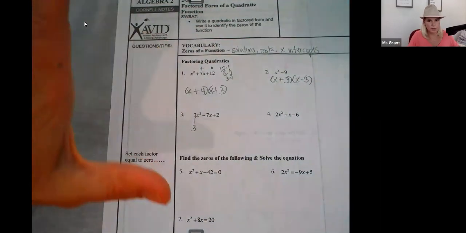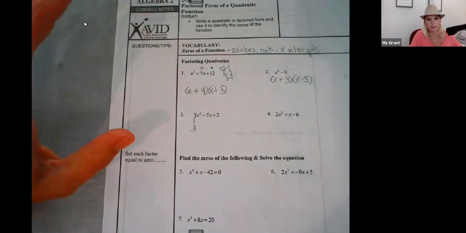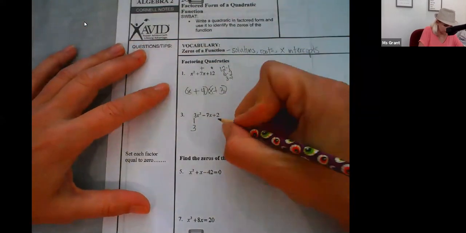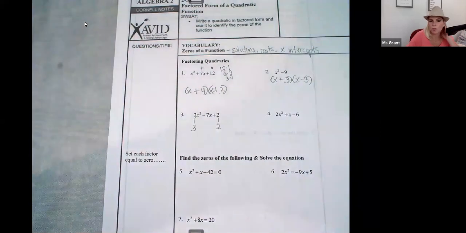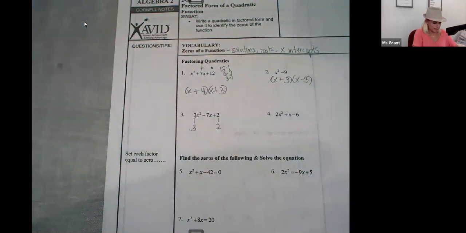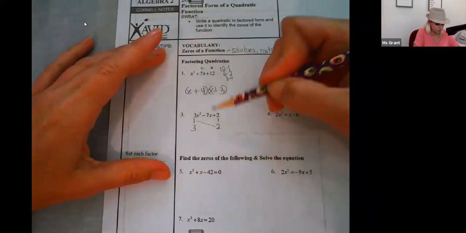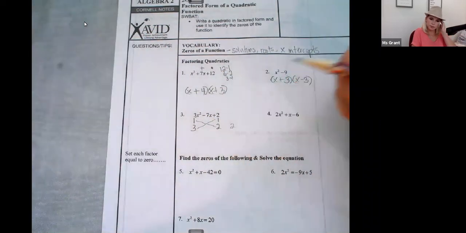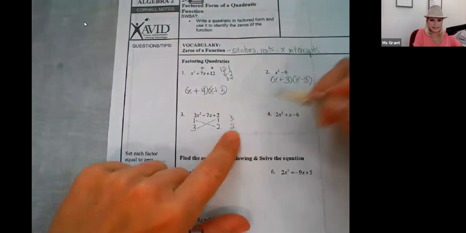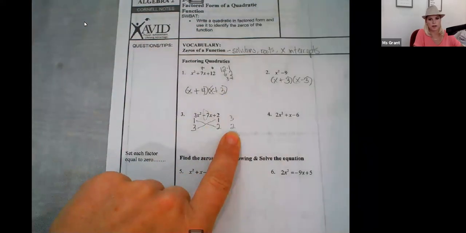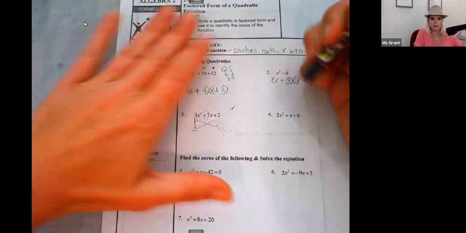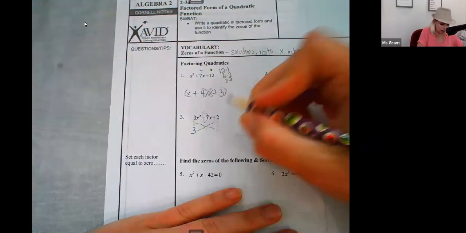Now this is where we have to maybe play around with numbers. 1 times 2 makes 2. So what I do with my method is I diagonally multiply, and I say 1 times 2 is 2, 3 times 1 is 3. Do 3 and 2 make 7? No, they don't. But maybe I could switch the ordering and put a 2 here and a 1 here.